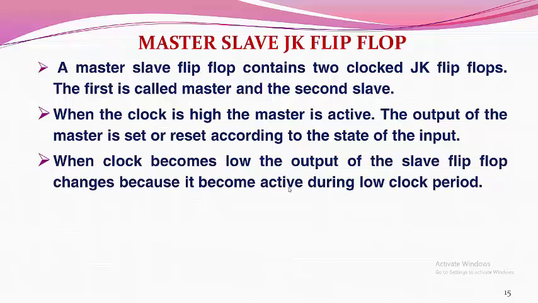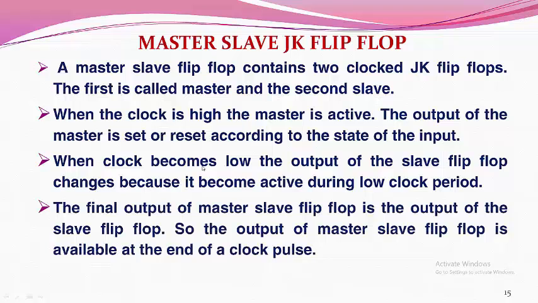When the clock signal becomes low, the output of the slave flip-flop changes because it becomes active during the low clock period. Meaning when the clock signal is at high position, the master circuit will be on, and when the clock signal is at low position, our slave circuitry will be in the active position. And these two circuits provide output according to the state of the input.